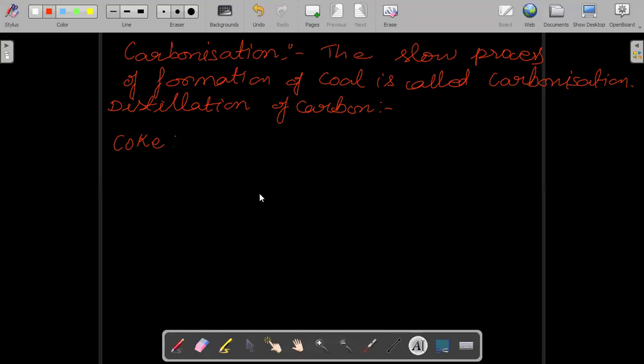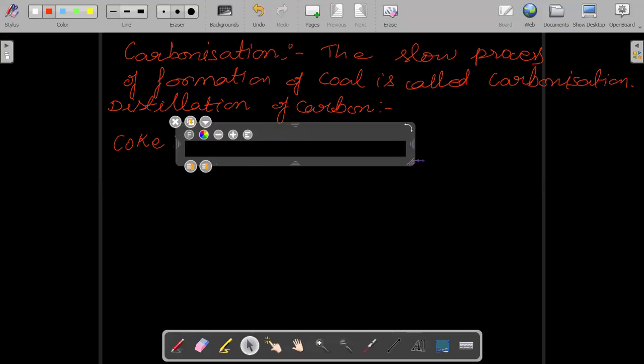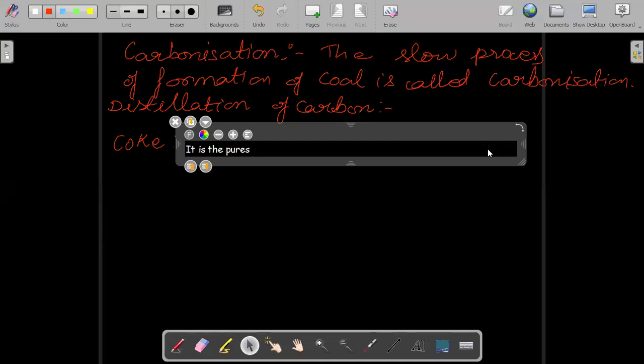Coke is the purest form of carbon. It is the purest form of coal, and it contains about 99% carbon.